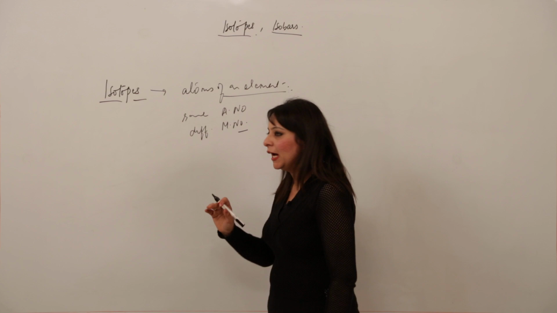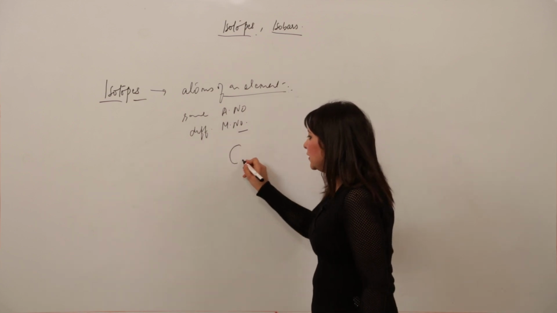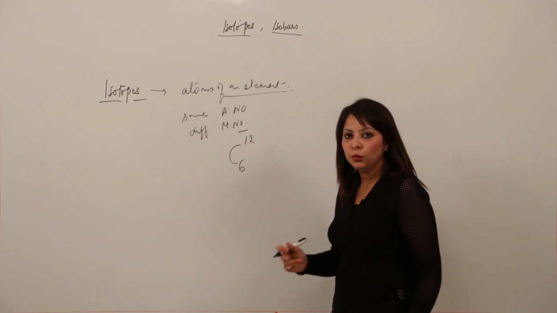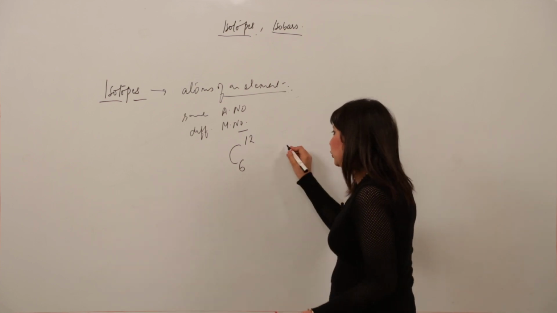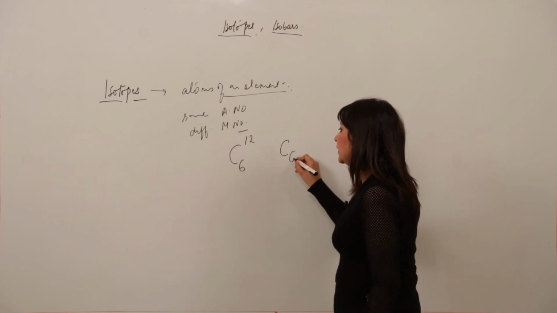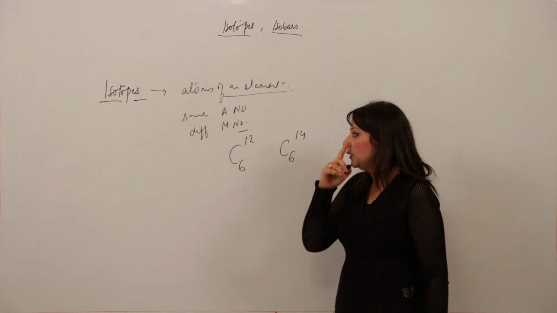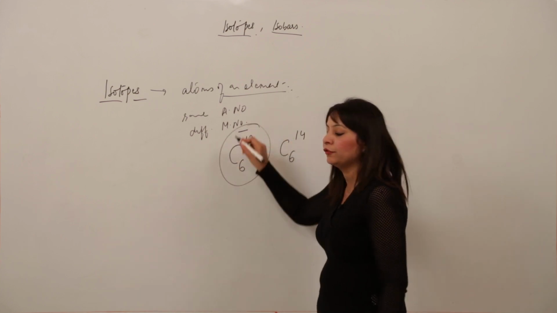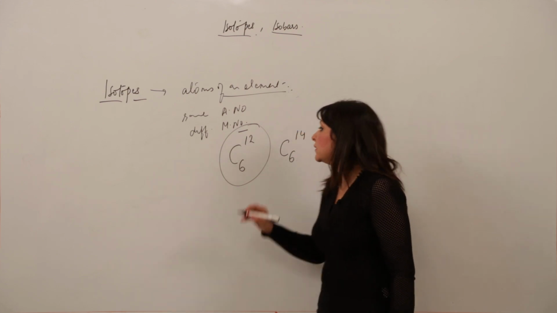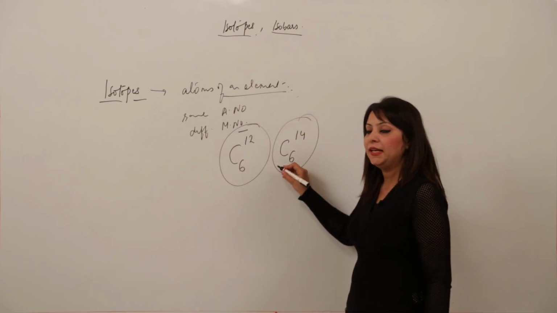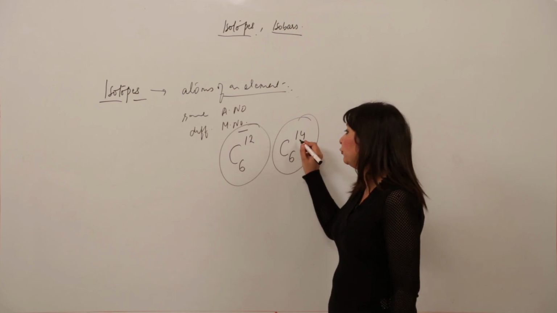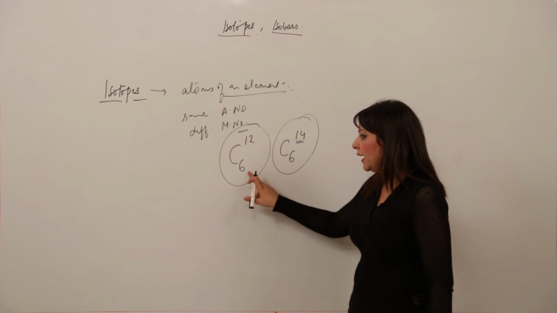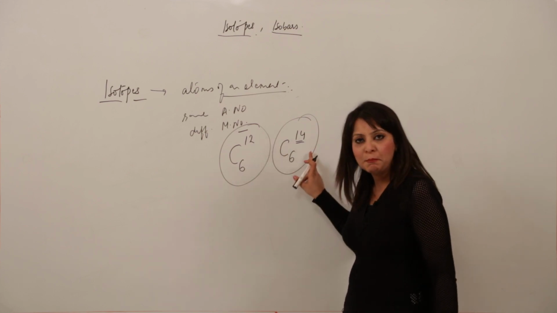Carbon exists in nature as C12, and you may know that carbon also exists in nature as C14. In your regular topics you take carbon as C12, but we do get C14 also, that means carbon with atomic number 6 but mass number 14. So what is the difference between them? They have the same atomic number but different mass number.